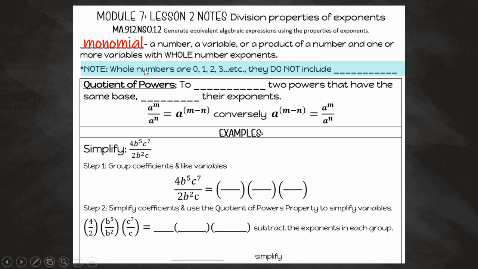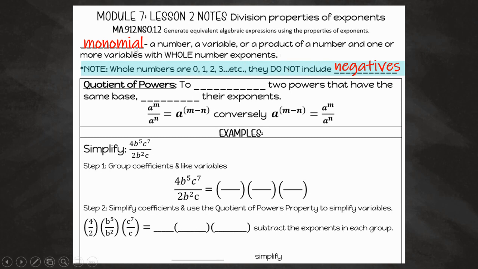So if you don't remember pre-algebra or what you learned in previous math classes, whole numbers are 0, 1, 2, 3, but they do not include negatives. So a common misconception is that a whole number can be -1 or -2, but no. If you have negative numbers, those are integers and those are not whole numbers.